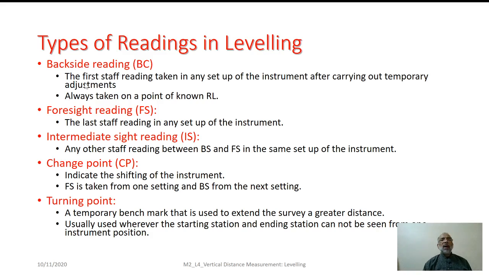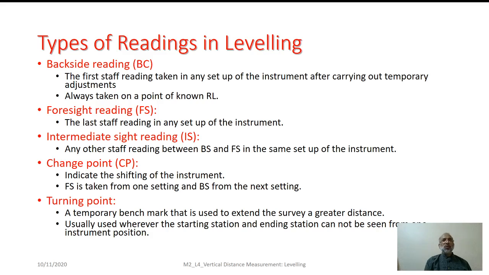Now, after taking the set of the readings, after dealing with number of points, number of stations, we may be expected to shift the equipment to continue our work, or we may be expected to close the work from the same position.